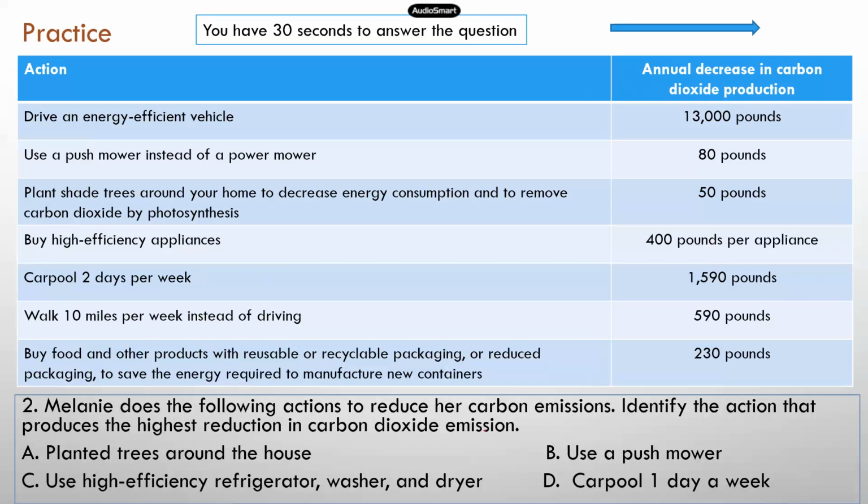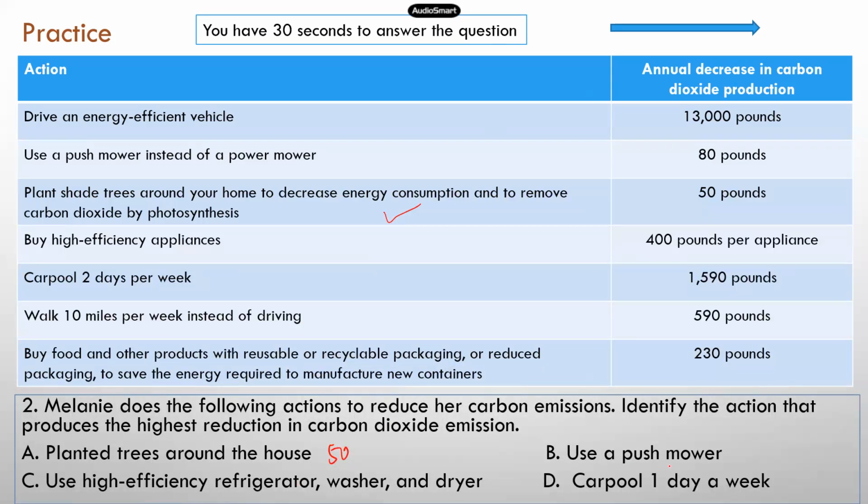Melanie does the following actions to reduce her carbon emissions. Identify the action that produces the highest reduction in carbon dioxide emission. Now you're going to think, oh, this is pretty much the same as question 1, right? Not exactly, and I'll explain why. So A, planted trees around the house. That's going to be the third item, which is about 50 pounds.